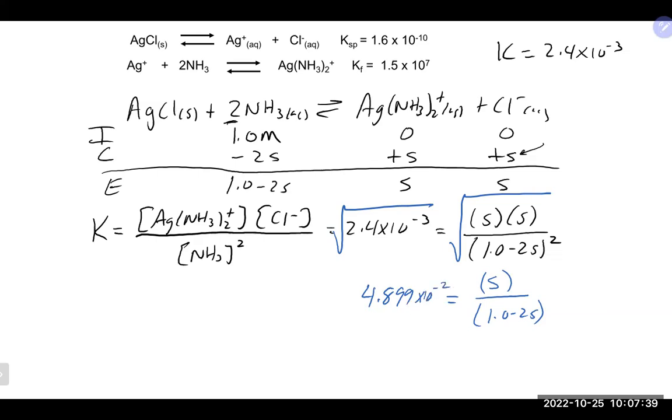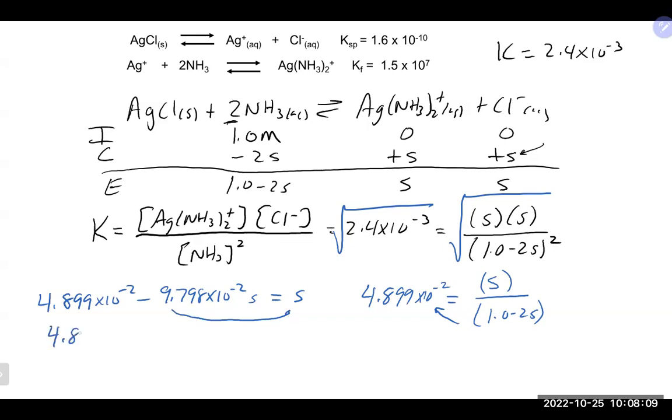We're going to multiply this to the other side, and when we do that, we end up with 4.899 times 10 to the minus 2 minus 9.798 times 10 to the minus 2 S is equal to S. We're going to add this back to the other side.